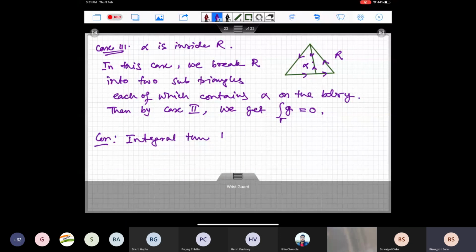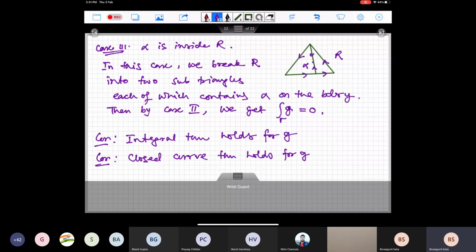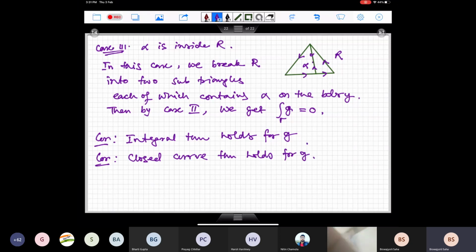G is already continuous, so the integral theorem holds for g, and as a corollary you get that the closed curve theorem holds for g. So these are the two statements that we finally get, and in the next class I'm going to prove the Cauchy integral formula, which will give us the power series representation. We are already out of time, so let us stop here and stop the recording, and you can tell me if you have any questions.